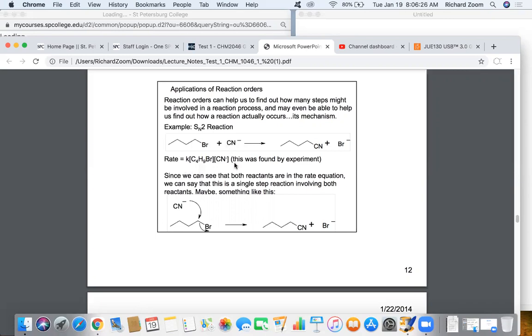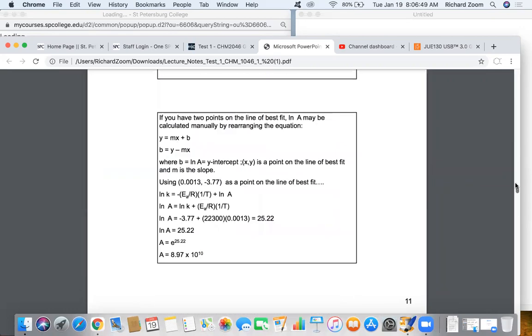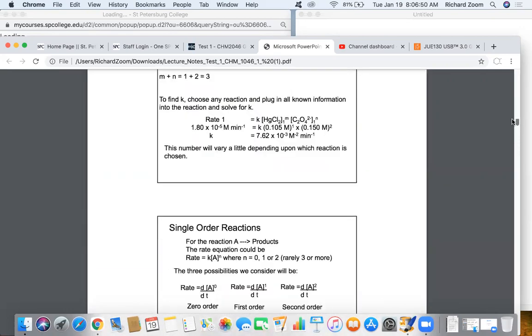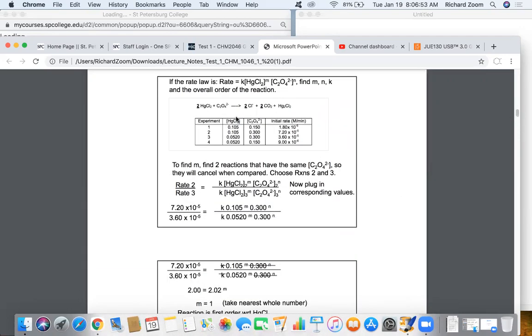Now, by experiment, it was figured out that the rate equation is k [C4H9Br][CN minus]. What that means is the rate depends upon the C4H9Br and the CN minus. So it depends on both of these reactants. Now, when I say that this was found by experiment, what I mean is a bunch of experiments were done very similar to what we did last time.